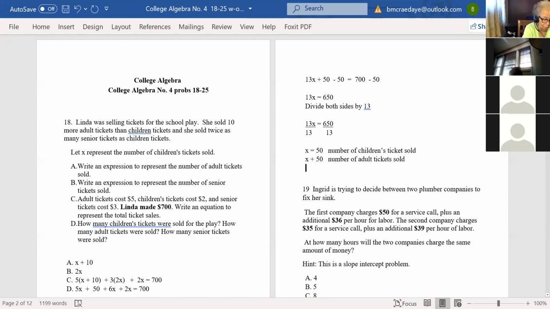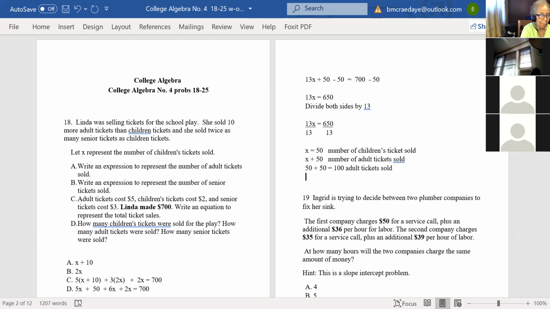So that would be 50 plus 50 equals 100. That's the number of adult tickets sold, right? Because we said the number of adult tickets was x plus 50. So that's adult tickets sold.